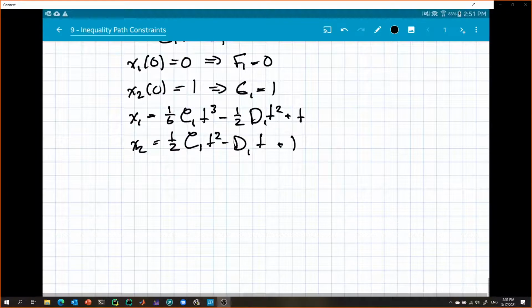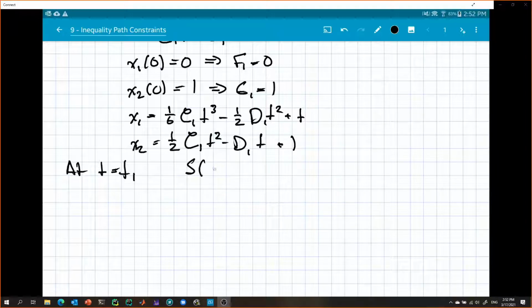Okay, and then we need the interior point constraint, which we're applying at T1. So at t equal to T1, we have our original state constraint, which is x1 of T1 minus 1/8 is equal to 0.